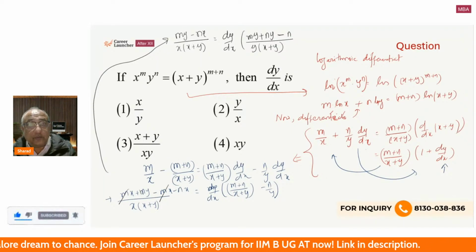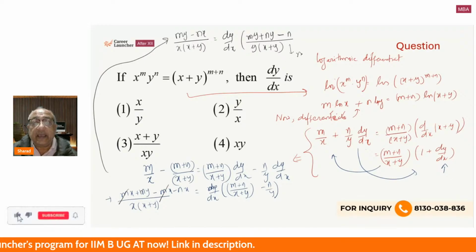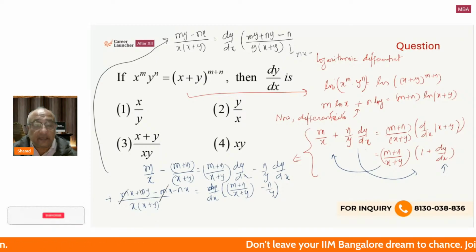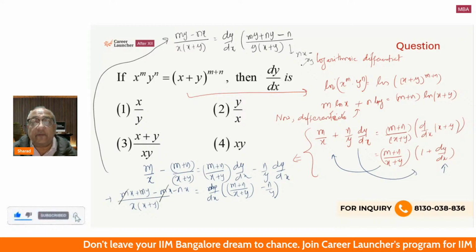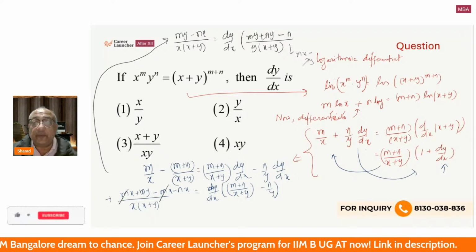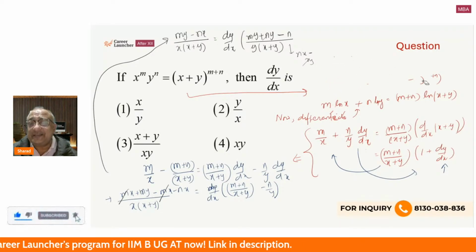Let me use other space. Minus nx. This value is nx minus ny. This nx and ny will get cancelled. Let me now remove this part and use this portion here. Slightly lengthier question.